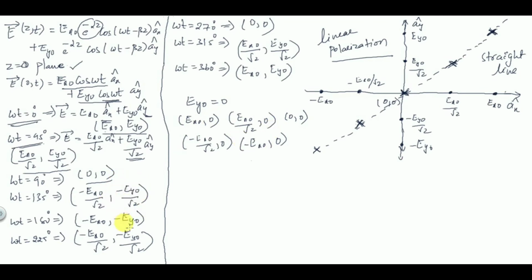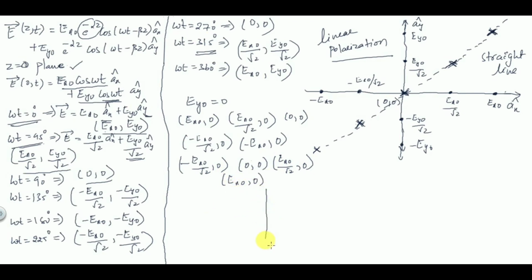The only change is Ey0 is equal to 0, and the x terms you will get as they are. So next is minus Ex0 by root 2 comma 0. Next is 0 comma 0. Next for 315 it will be Ex0 by root 2 comma 0, and last you'll have Ex0 comma 0.